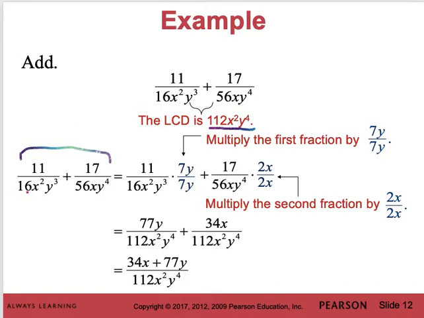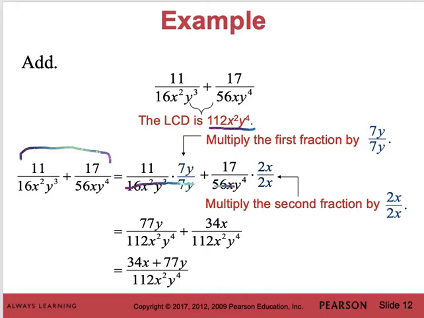And that's what's going on here. So we took our value with our 16, our first expression, and multiplied it by 7y, both top and bottom. And then take our value of 56 and multiply that by 2x, both top and bottom. Because this is the same as saying we're multiplying by 1, we're not changing the value, we're just making it so that we're able to add so that the denominators are the same. So we've already multiplied this together.